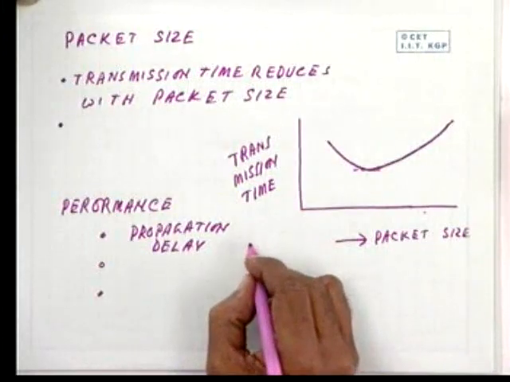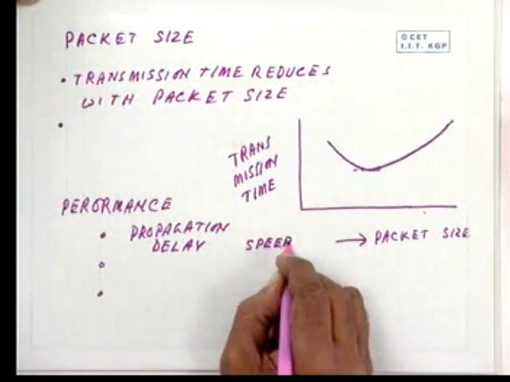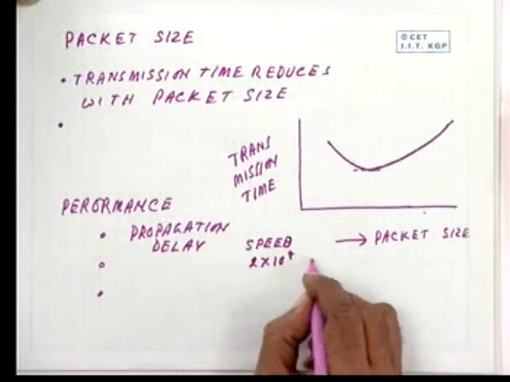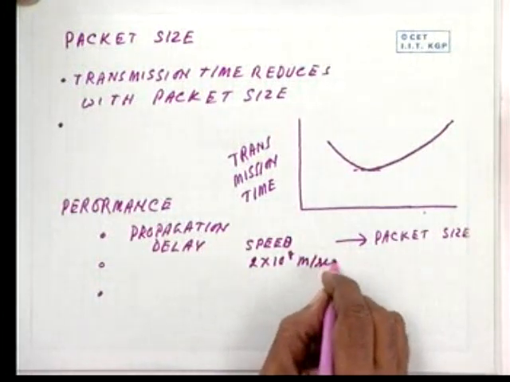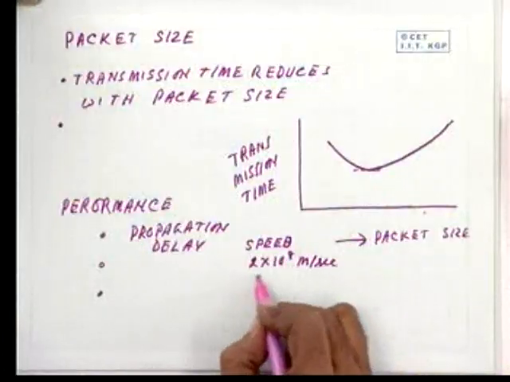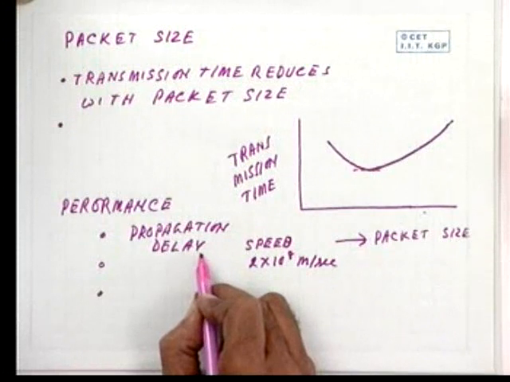If you are using guided media, then we know that the speed of the electromagnetic signal through guided media is 2 into 10 to the power 8 meter per second. So depending on the length of the communication path, the delay will be decided, and this is the speed of the electromagnetic signal, and that will decide the propagation delay.